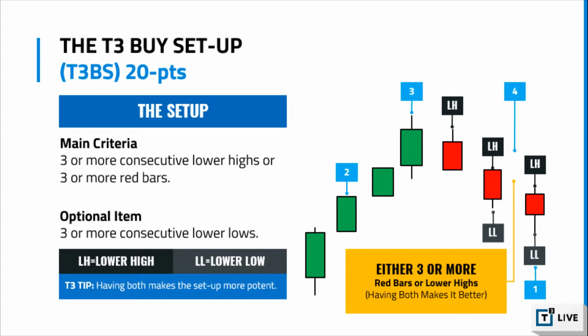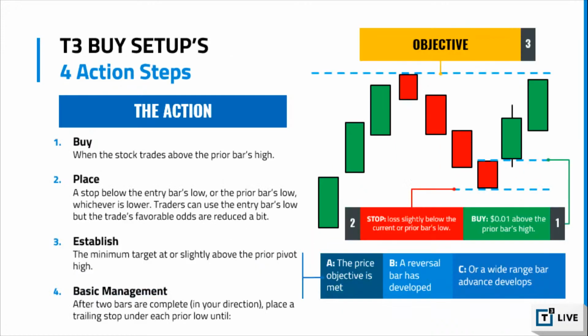That's the key criteria. The optional would be 3 or more lower lows. We're talking about lower bars, right? The bars that have lower lows. And then, you know, if the stock starts to turn back up, then you buy it 1 or 2 cents above the last red bar's high, stop under the pivot, target the prior highs. After 2 bars in your favor, you can start going bar by bar. Okay? That's the management. So that's basically the buy setup.